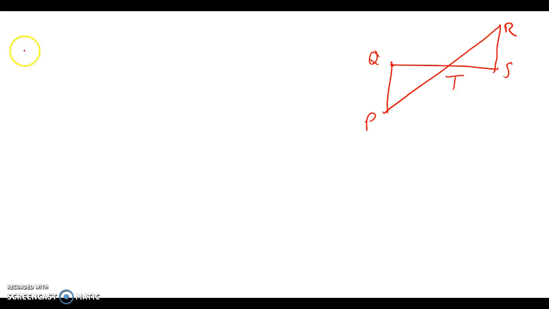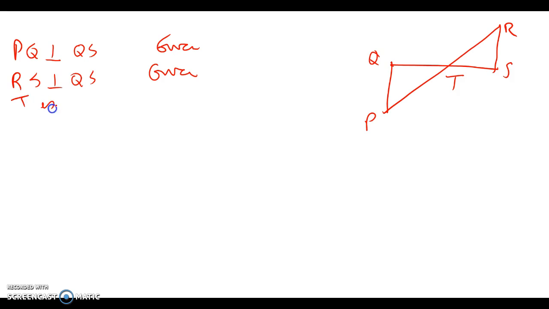Okay, so we know, here we go, PQ is perpendicular to QS, given, right? RS is perpendicular to QS, given. T is midpoint of PR, given.